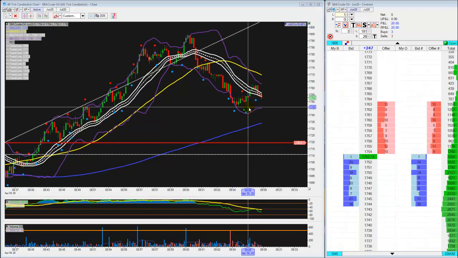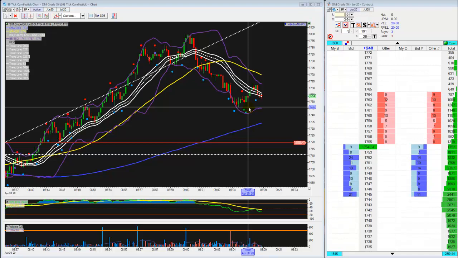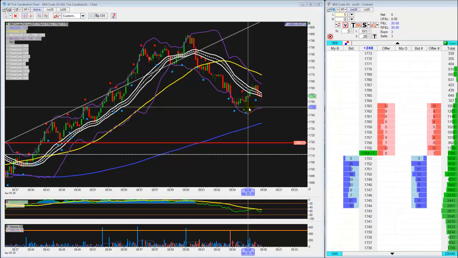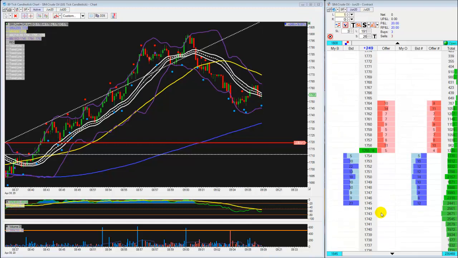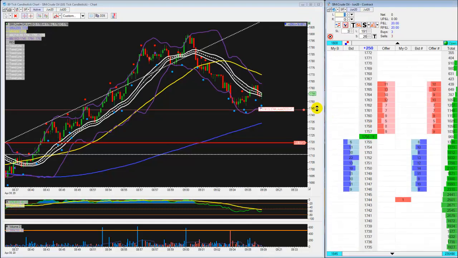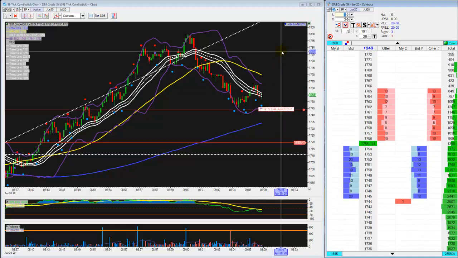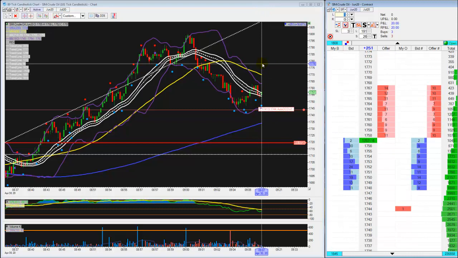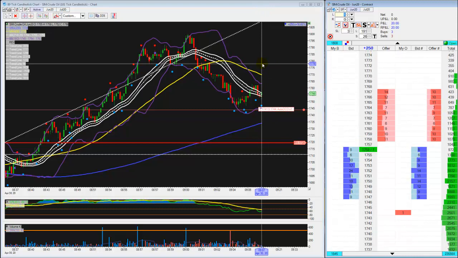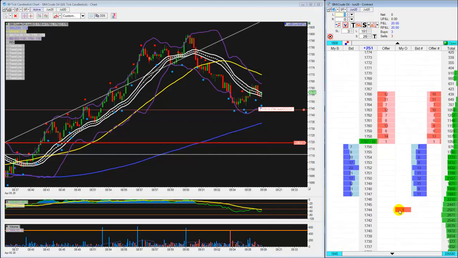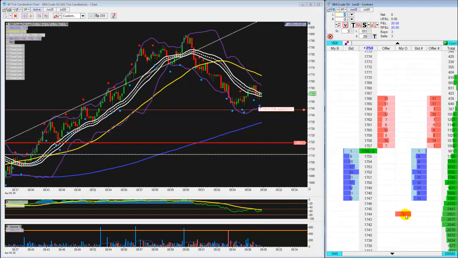This is a tough one to take, but the signal to go short is 1744. I really don't like it.